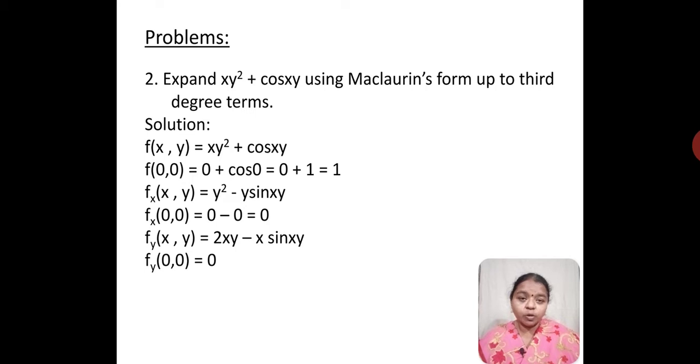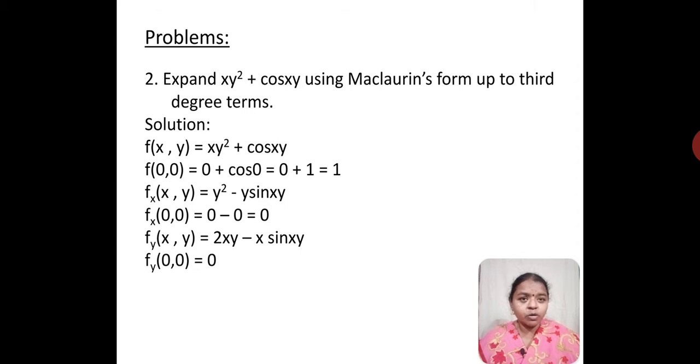Next let's find the partial differential of f with respect to x. So the first term is x into y square, where y square is a constant. Differential of x is 1. So we get y square plus cos xy. I am going to differentiate cos xy partially with respect to x.